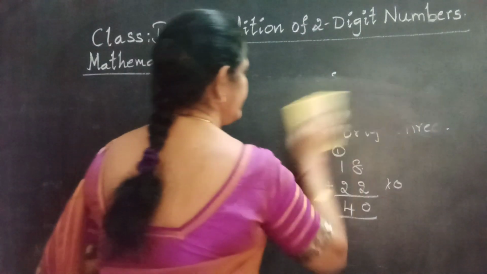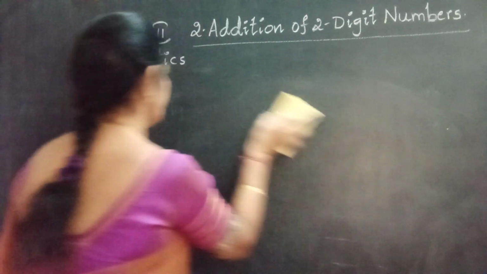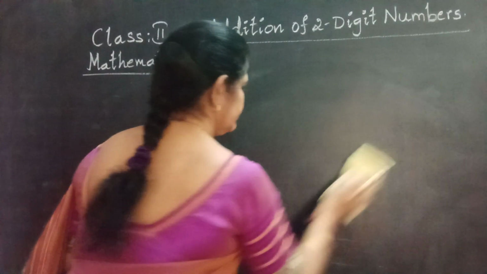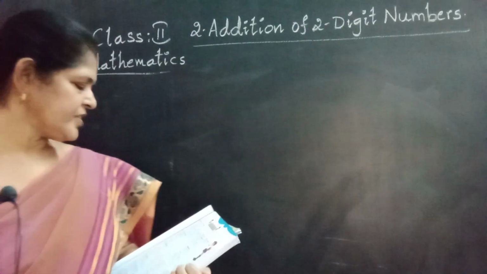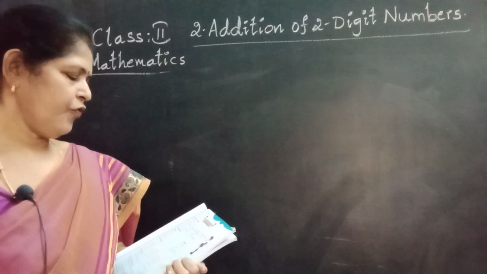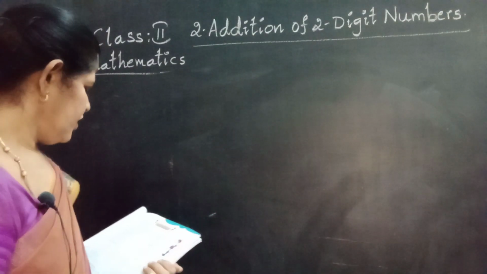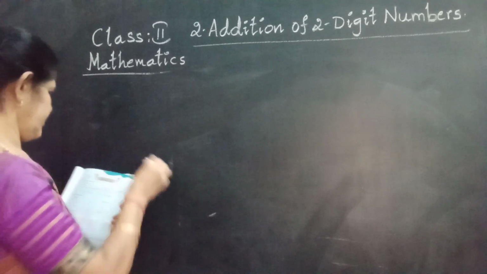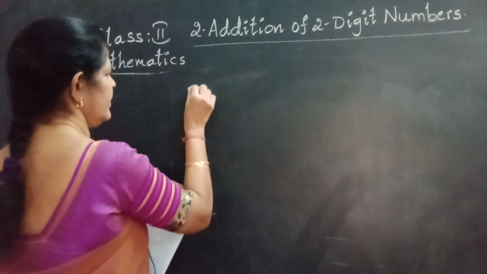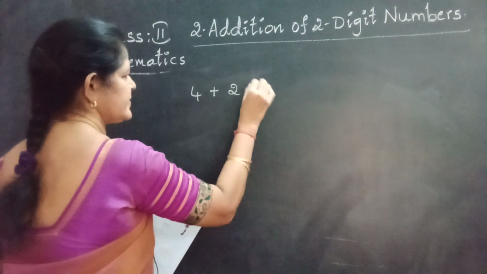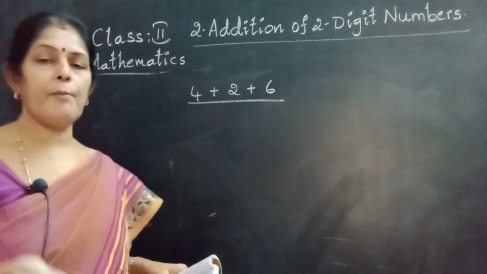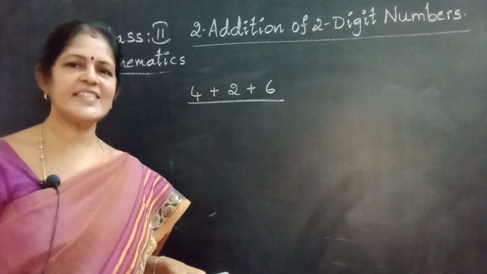Go to second one. Are you understood? Come on, second one. Which two digits can be combined for easier addition in 4 plus 2 plus 6? This is the given addition. Which two numbers are going to combine fast? Addition is easy.